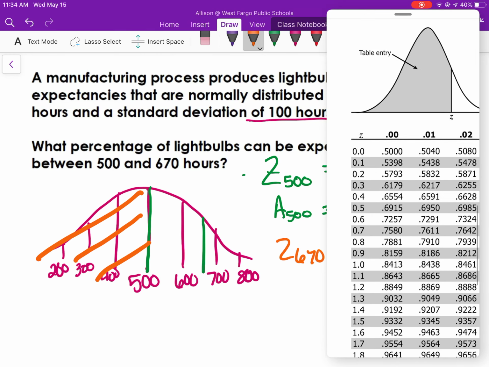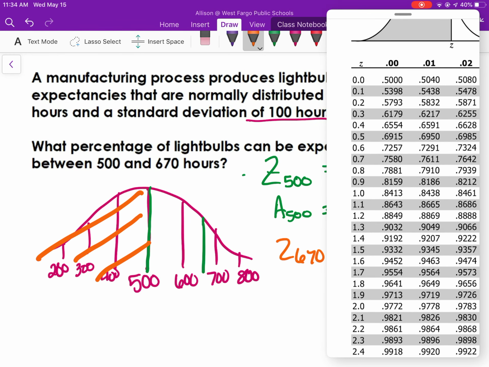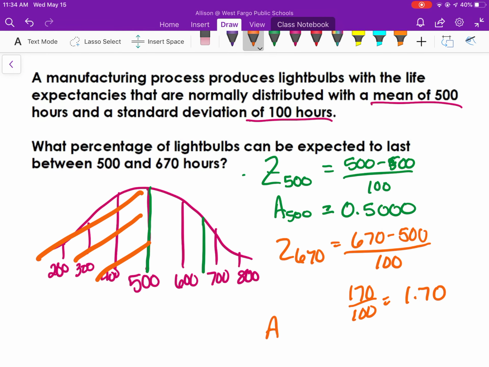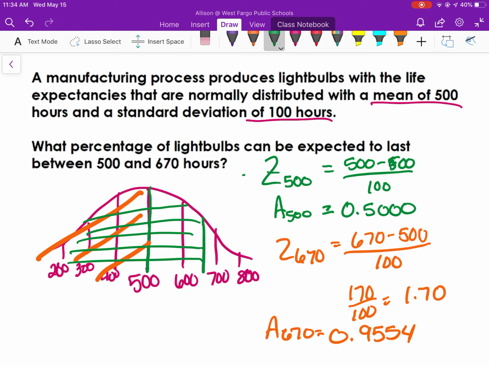So using my z-score table, 1.7 and then 0 would be the first column at 1.7. So 0.9554. So the area for 670 is 0.9554. That gives me this area right here, all of this to the left of 670.